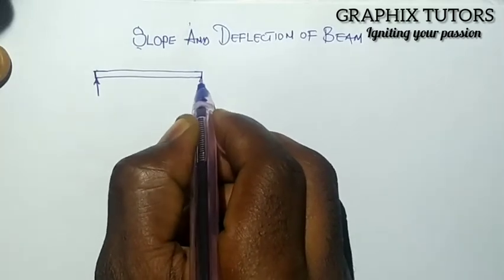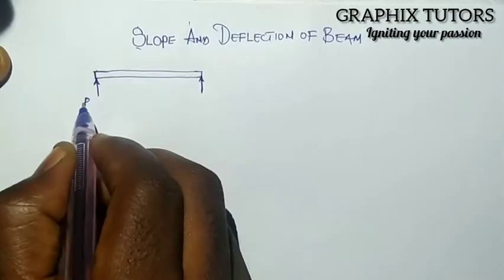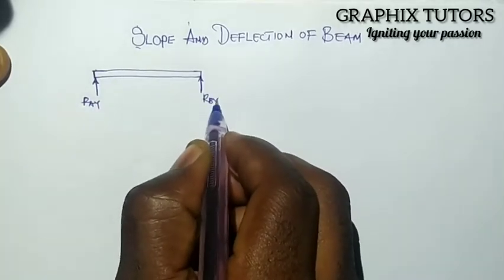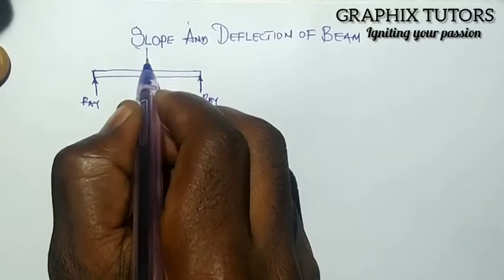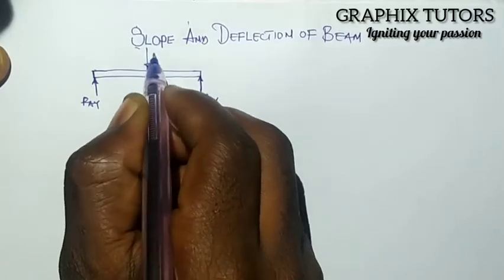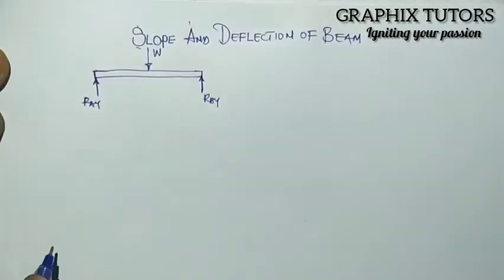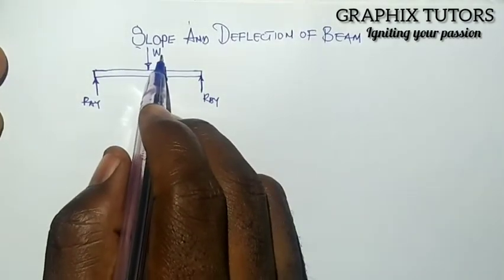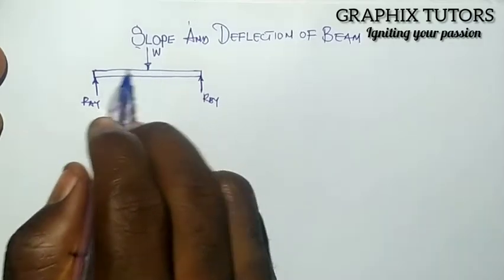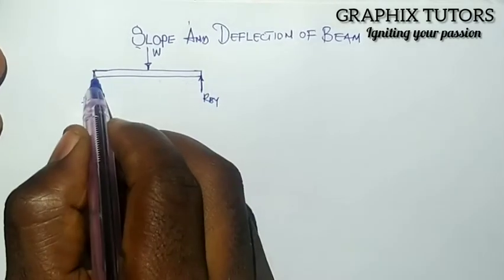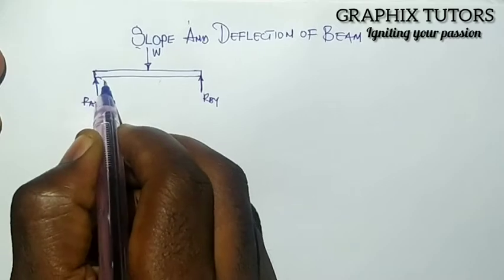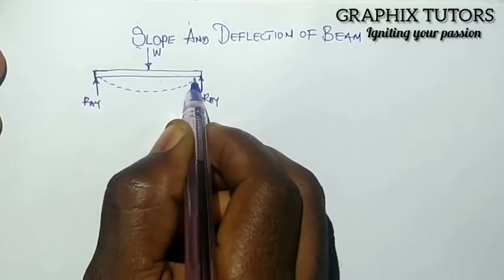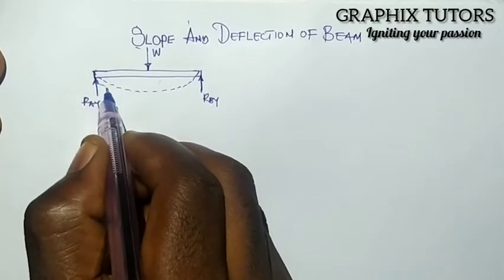It has two reactions, let's say arrow AY and arrow BY. Now let's say there's a load, which is the weight on it. Probably the weight is more than the beam can bear, and in that process it bends the beam, right? It bends the beam.